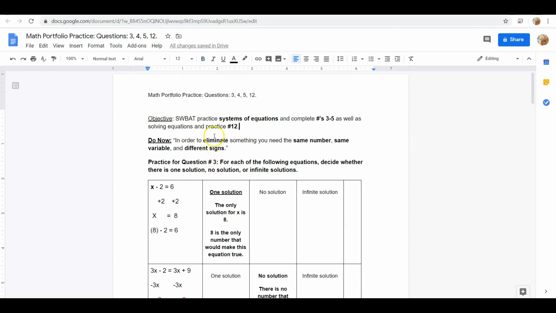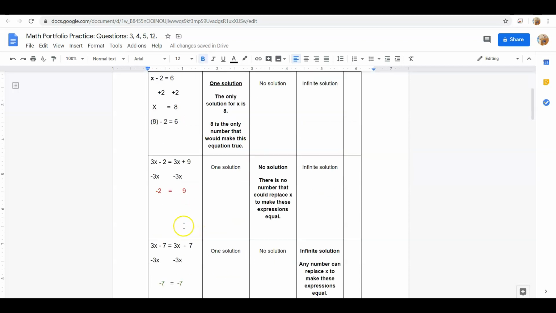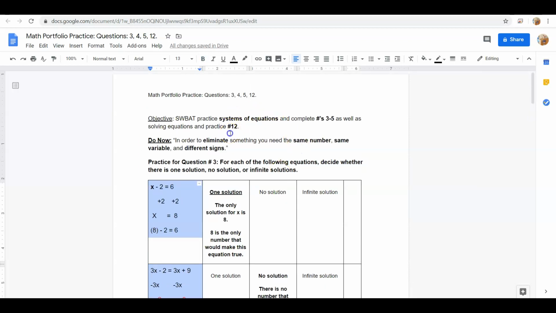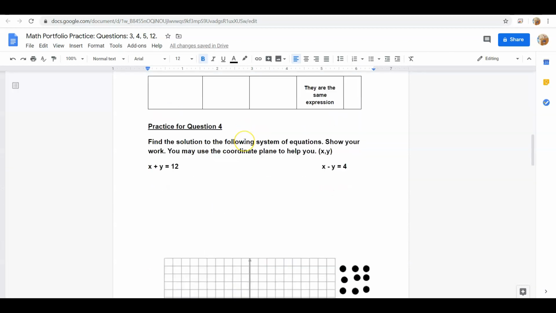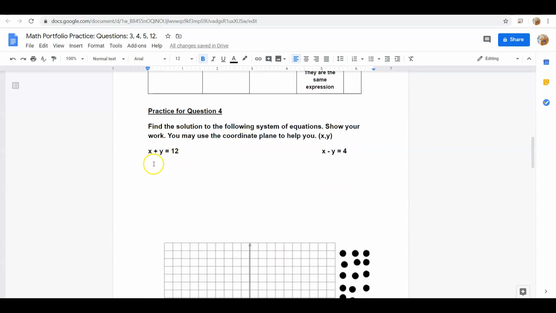We used this elimination process to figure out these, but we need to now use it differently. So you need to have, again, the same number, the same variable, and different signs. So I look over here and I wonder, is there a way that I can eliminate using these two equations?